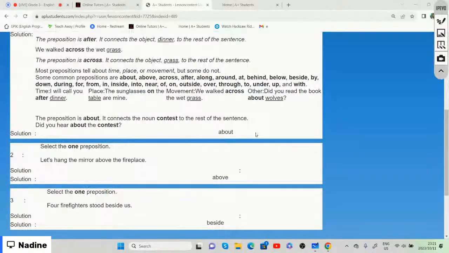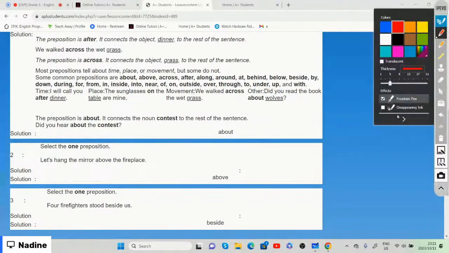All right, if we look at the next one, it says select one preposition. Let's hang the mirror above the fireplace. So it's like asking, where should we hang the mirror? So where?